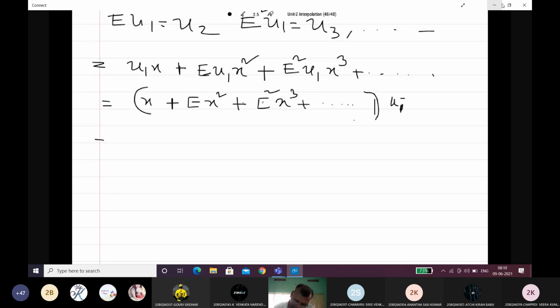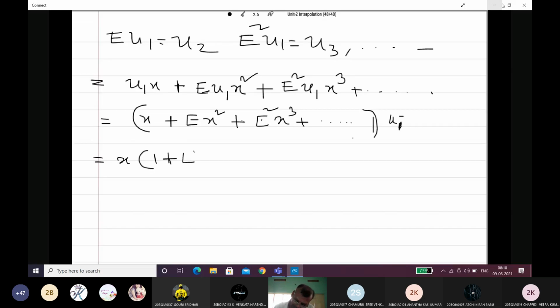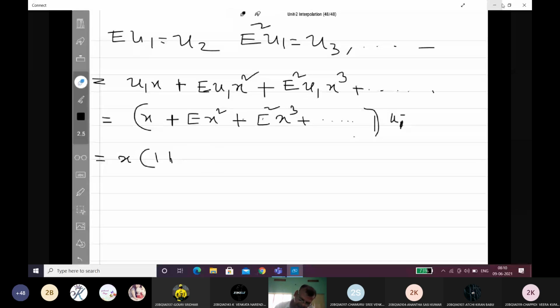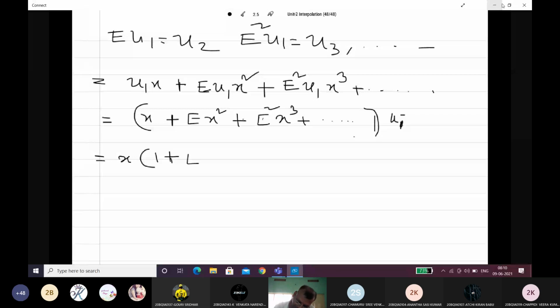That is equal to x times of (1 plus EU), x times of (1 plus EX plus E square x square and so on) of u1.